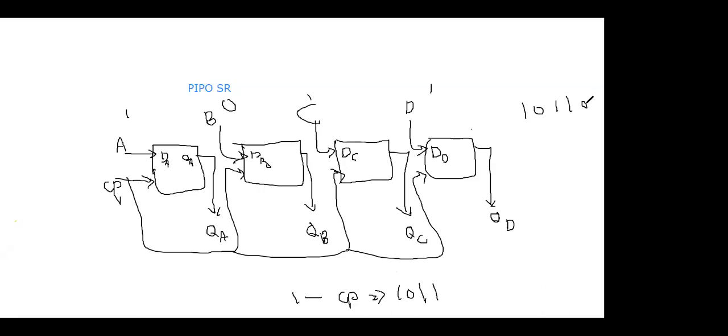Here you keep 2 zeros on the left side, and we know that any number of zeros on the left side does not change the value. So first we send 1101, then after that we send 0010. So 2 clock pulses are necessary to send this 6-bit information.